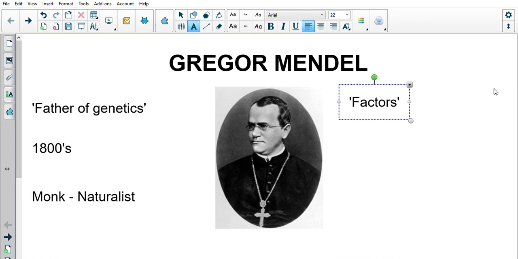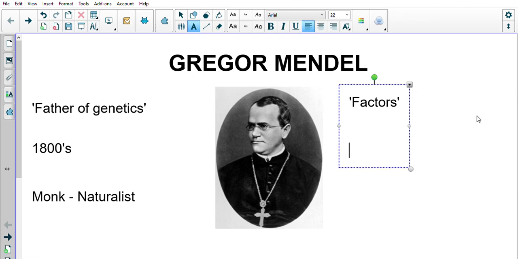Just from observing the animal kingdom and humans, scientists around the time understood that certain characteristics or factors were passed on from generation to generation, because offspring looked very similar to their parents, maybe slightly different. Different families would have different factors related to them, but we didn't have any understanding of how this actually worked.